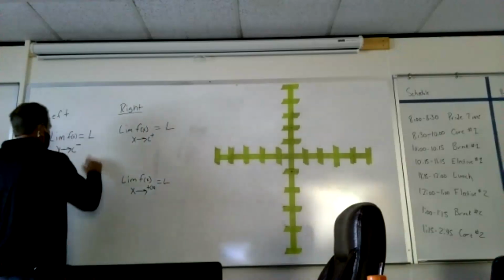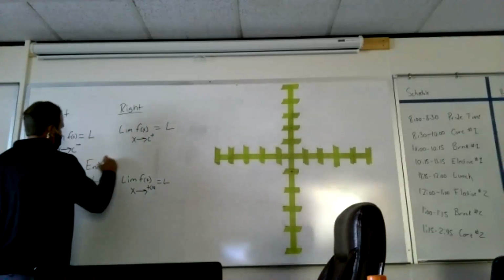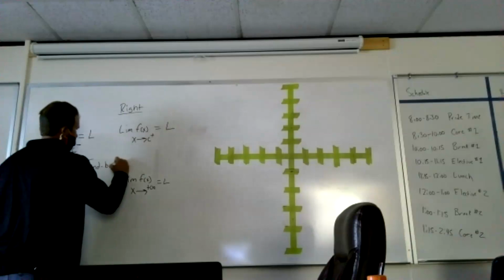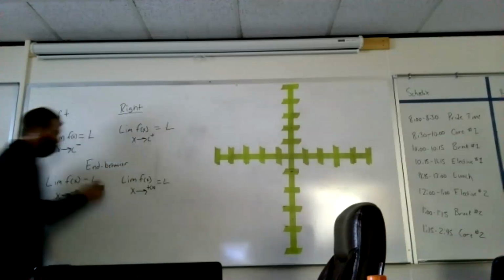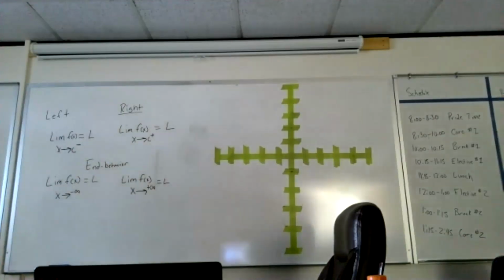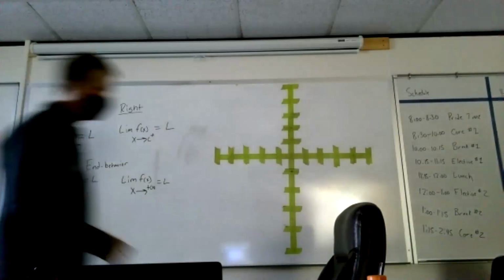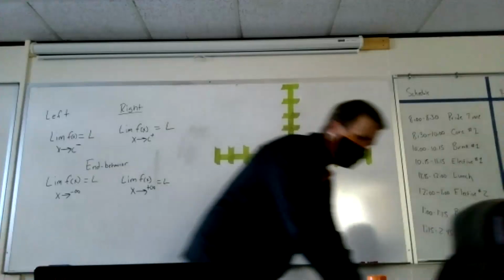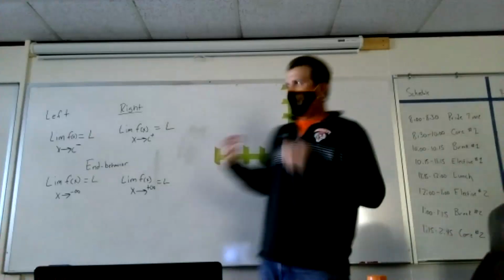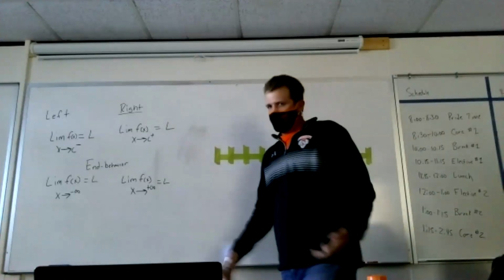These are your end behavior limits. Okay, those are very common symbols. You'll want to get very comfortable with them because, like I said, standardized tests, that's the way that they get presented to us.